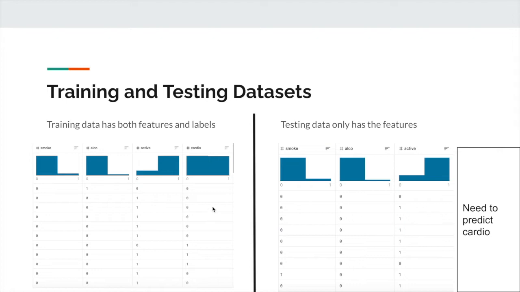Once the model has learned the relationship, as well as it can, we want to be able to predict the information given only the inputs, right? This testing data only has the features. It only has whether or not we're smoking, drinking alcohol, and active. And then we need to predict the cardio column, right? This is basically the difference between training and testing data sets.